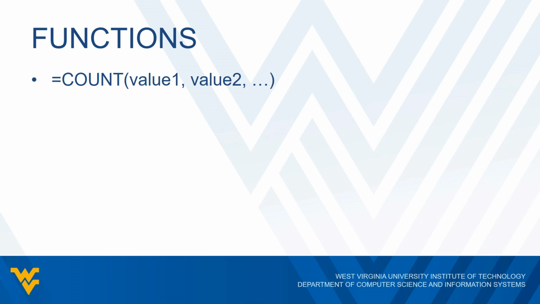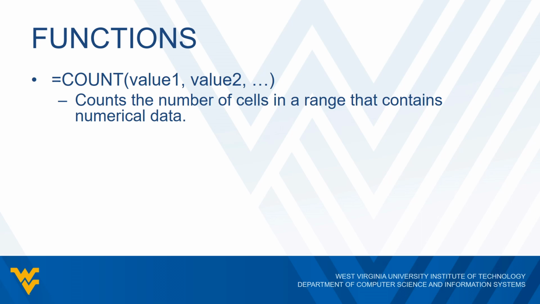We have what's called the count function, and this works a little bit differently. This actually will count the number of cells in the range that's within the parentheses that contains numerical data. So what this is saying is, if I have a bunch of cells and I put those as arguments in this function, it's going to tell me how many of those cells have numbers in them. If they have just text or letters, or if they're spaces or blanks, those don't get counted.